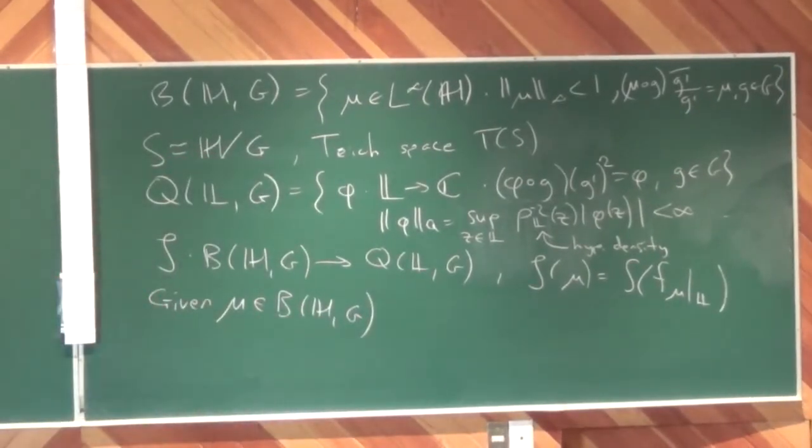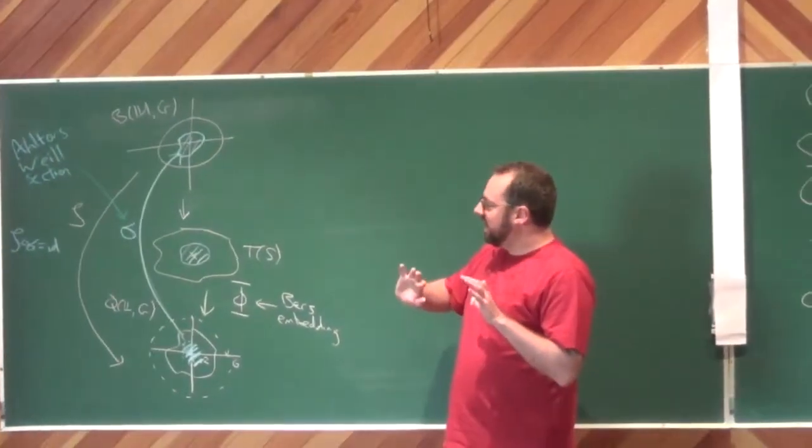So we found the neighborhood of the base point that we constructed in this way, but what we really want to do is construct open neighborhoods of all the other points in Teichmüller space. And we can do that in the following way.